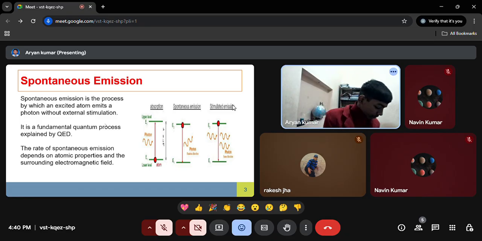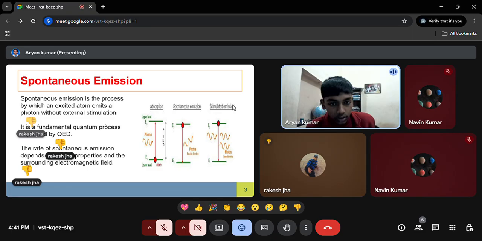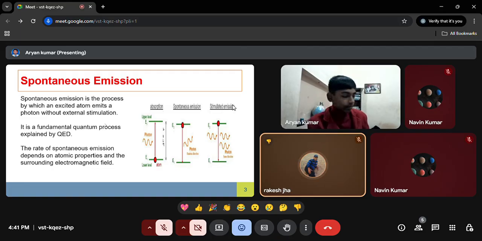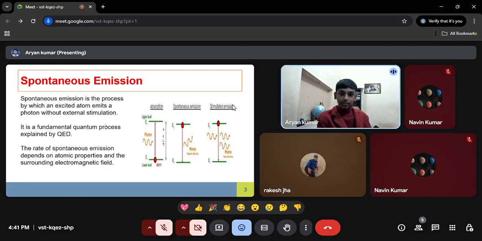Oh, Saksham, did you get my question? I don't know, Aryan. We have discussed it earlier. So my question is, when that electron is in the higher orbital, how does it go to the lower level by releasing that photon?